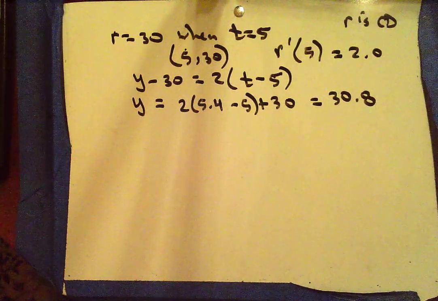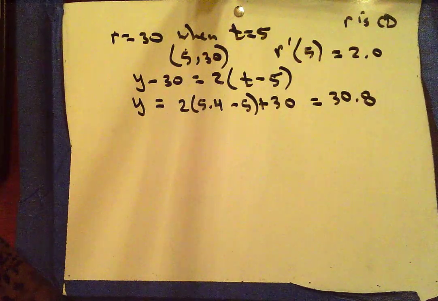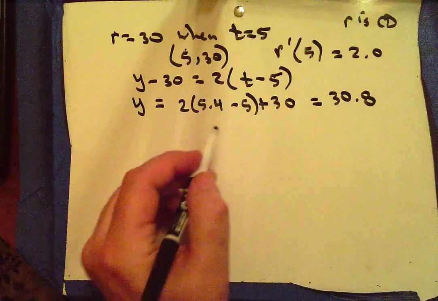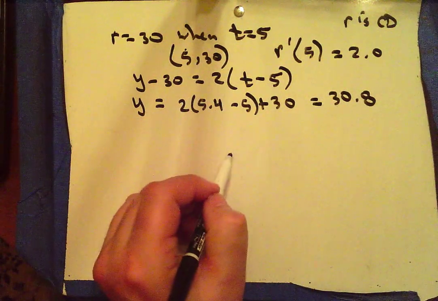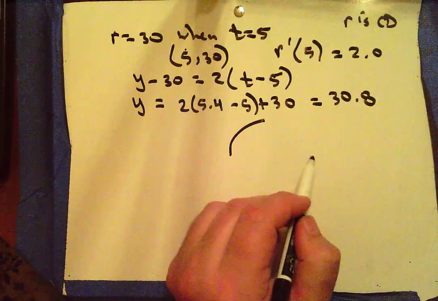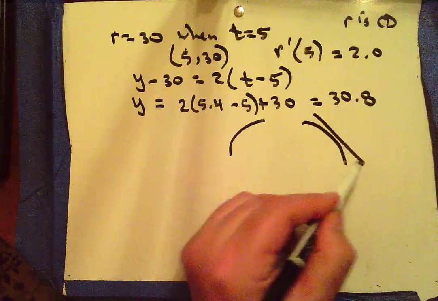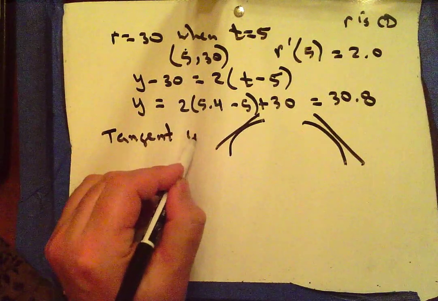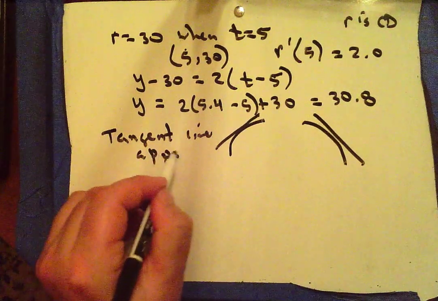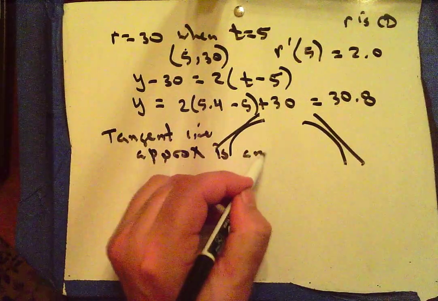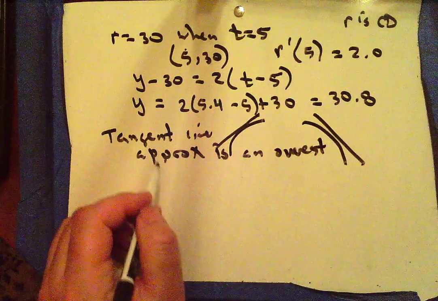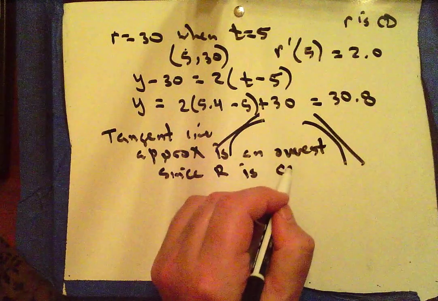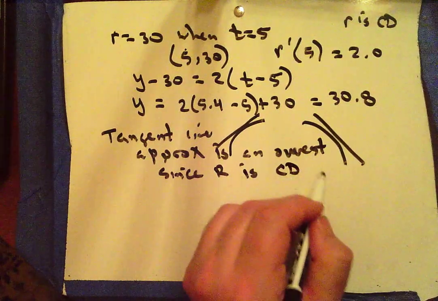So R is concave down. Since R is concave down, my tangent line approximation is an overestimate, since R is concave down always.